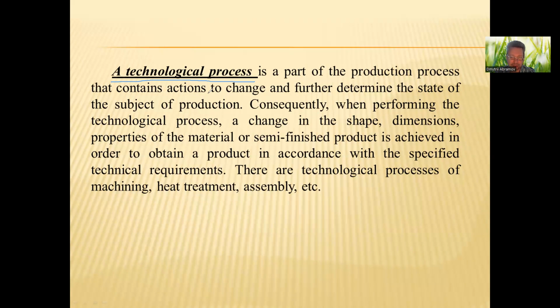There are technological processes of machining, heat treatment, assembly, etc. The examples of technological processes: machining, heat treatment, assembly, etc. So write down in your notes what's the difference between a technological process and a production process.